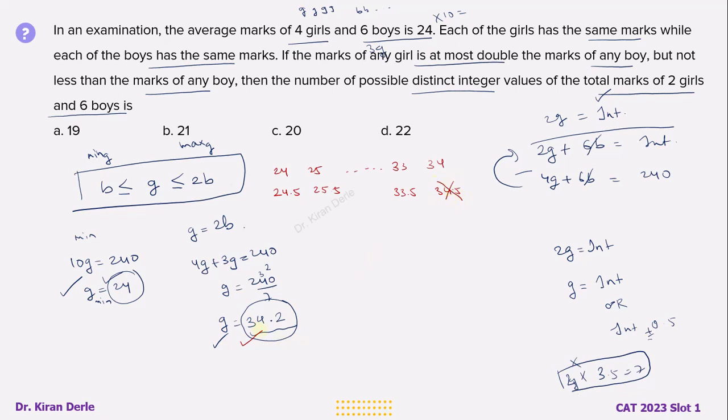It will violate this max value of G. And so how many distinct integer values can 2G take? 2G can take 24 till 33, which is 10 numbers, 10 into 2 is 20, and this one is the 21st. So there are 21 distinct integer values of the total marks of 2 girls and 6 boys.